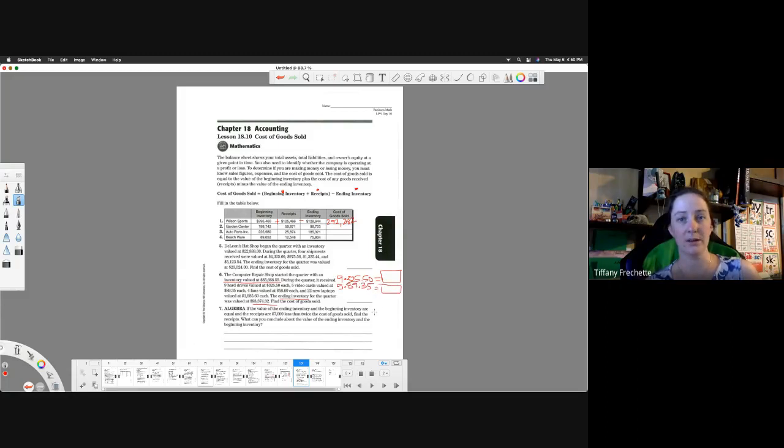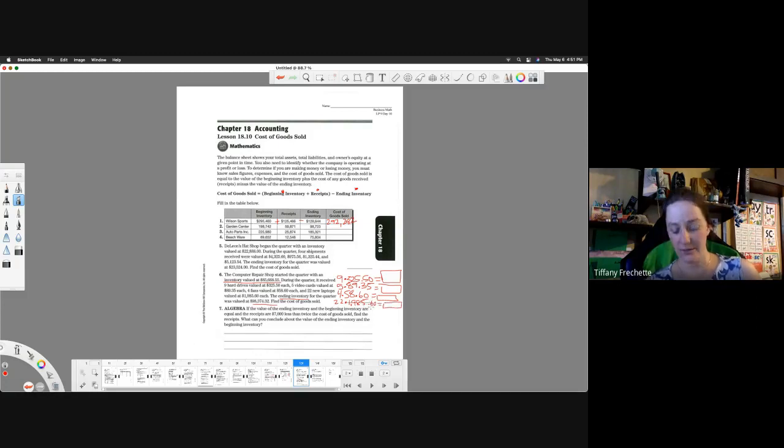So we need to do that calculation. And then we have 4 fans at $58.60 each. We have 22 laptops at $1,985.60.